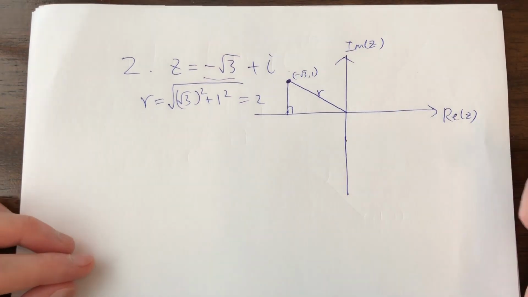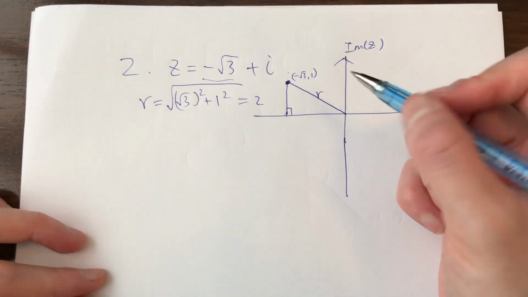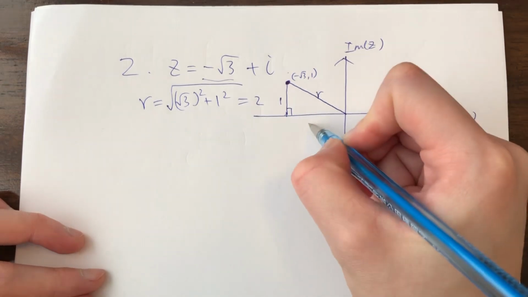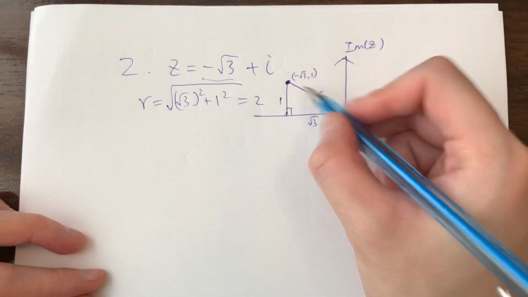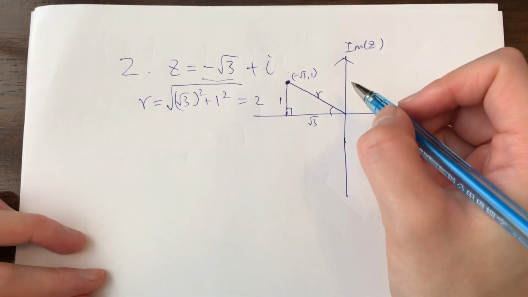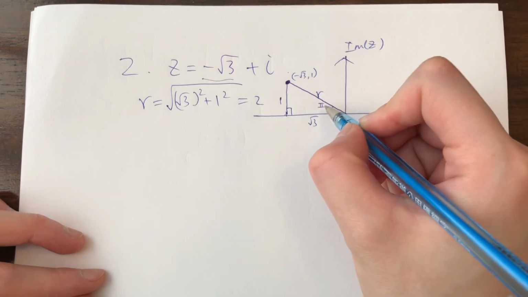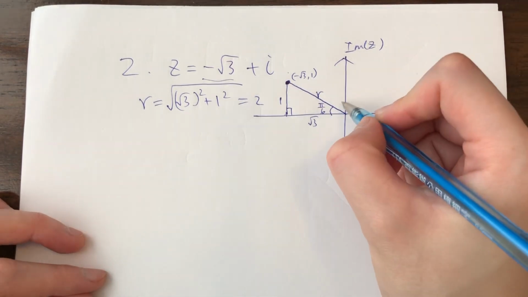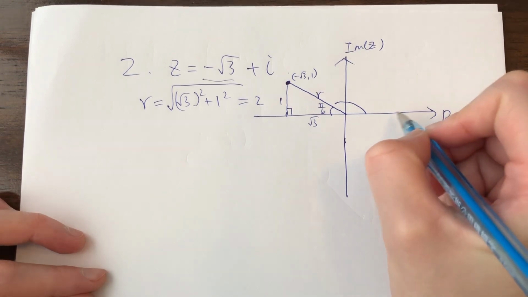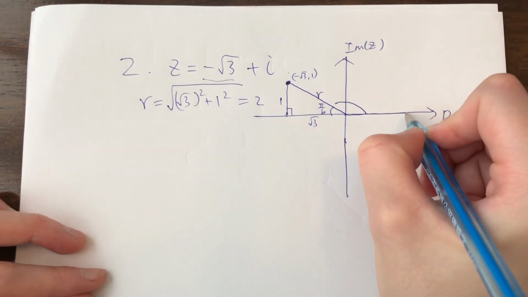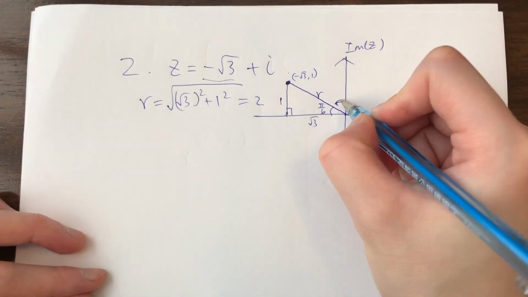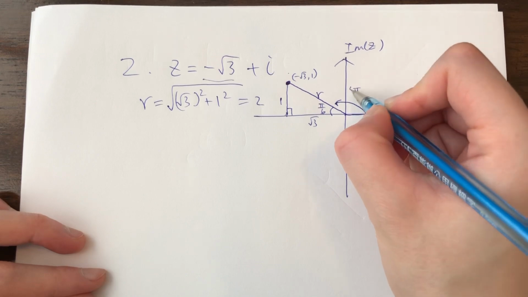Either way, it's going to be 2. And then to find theta, we know this is 1 and this is square root of 3, so this angle is pi over 6. Which means if you start from the positive x-axis, this angle is going to be 5 pi over 6.